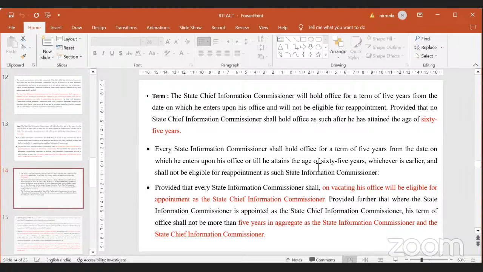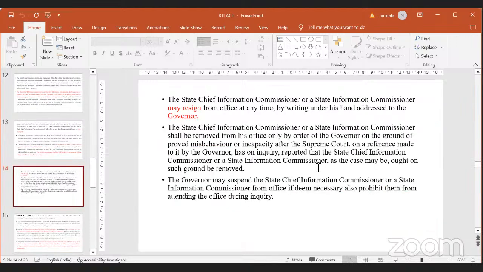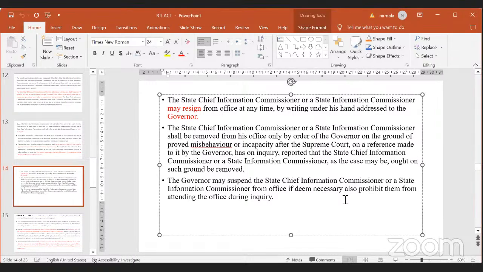The State Chief Information Commissioner or the State Information Commissioner may resign from his office by addressing a letter to the governor of the concerned state.